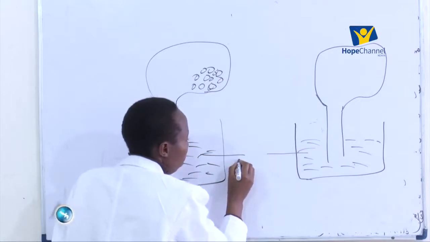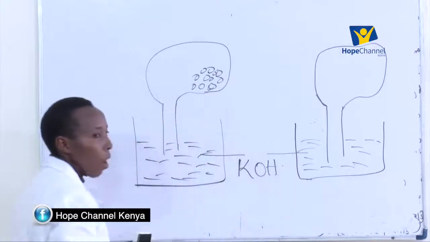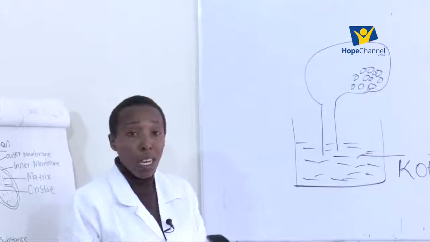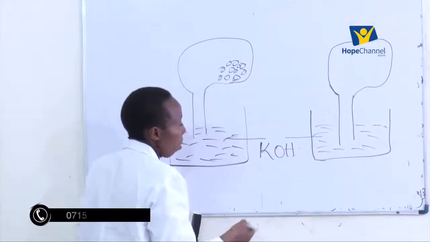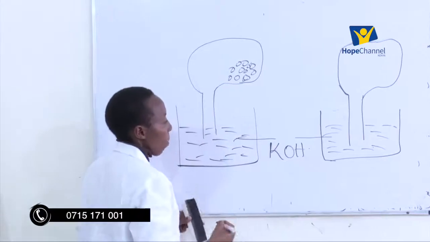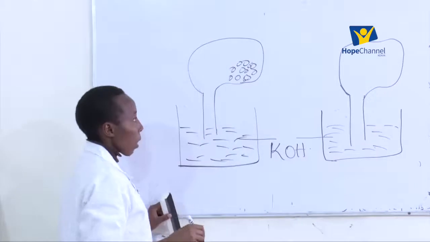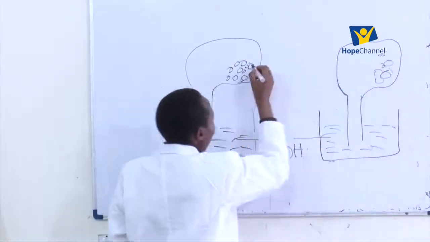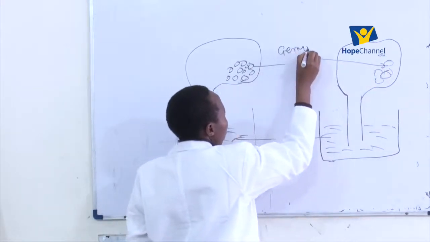This is potassium hydroxide. I can use potassium hydroxide, I can use sodium hydroxide. So this is a solution of potassium hydroxide. Then inside here, I have seeds. So these are germinating seeds.